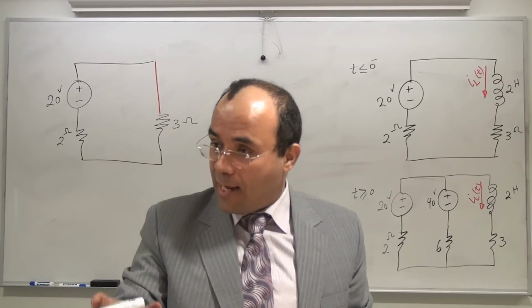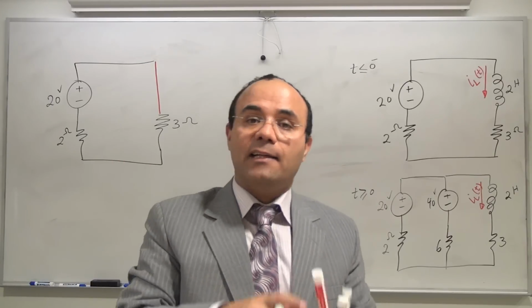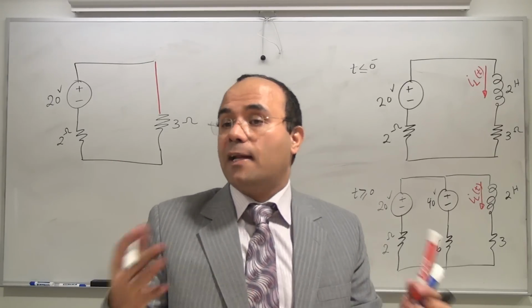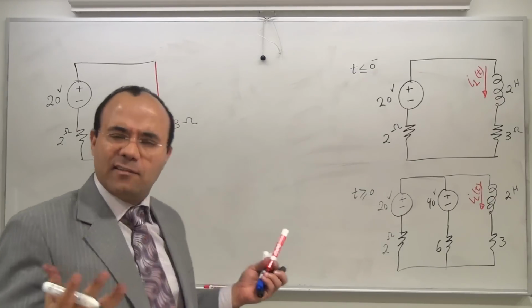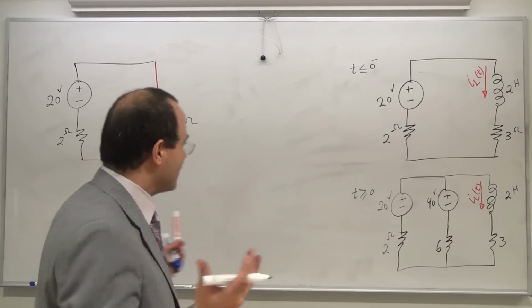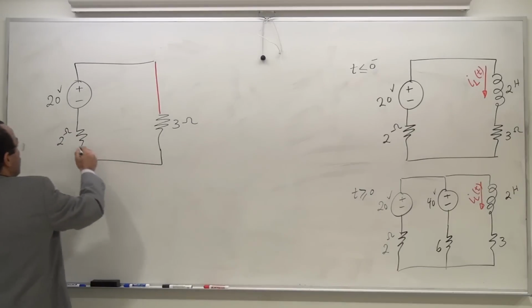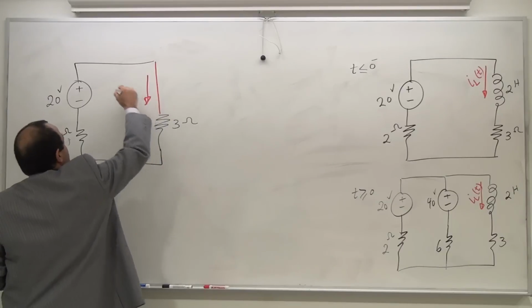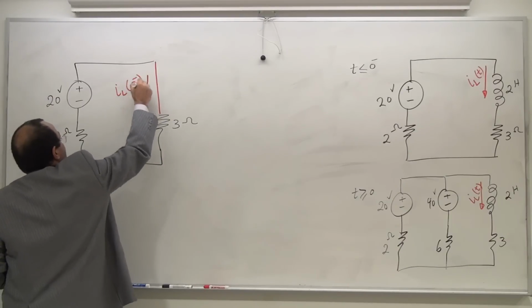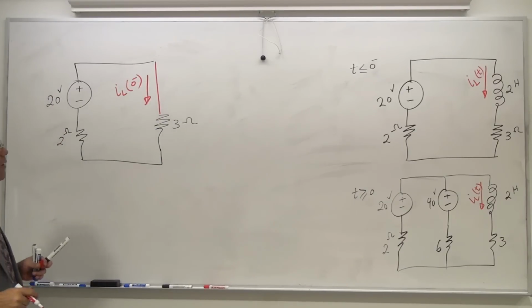When I have a DC excitation and let the system go for a long time and I have an inductor, that's a short. So you need to practice. All it boils down to is practice. So this is 3 ohm, 2 ohm, 20 volts. What am I looking for? I'm looking for this direction, and now I'm ready to label this IL of 0 minus.